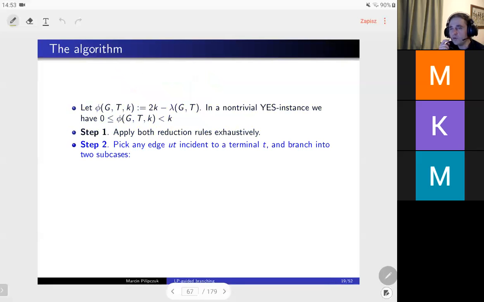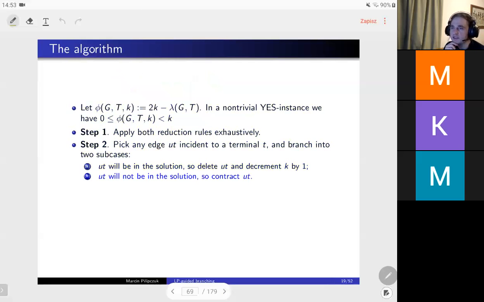Now, as I said, we branch into two cases. We take an edge incident to a terminal and branch. We either delete this edge and decrease the value of the solution by 1, or we contract this edge and don't change anything more, and we see what happens. Let's analyze these cases in more detail.